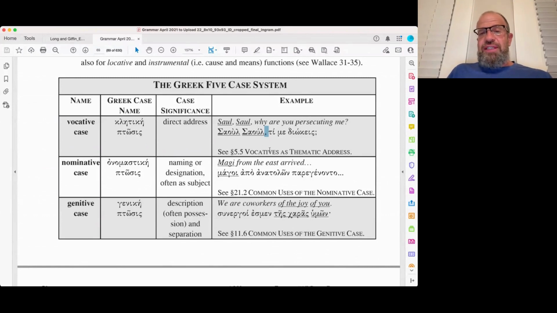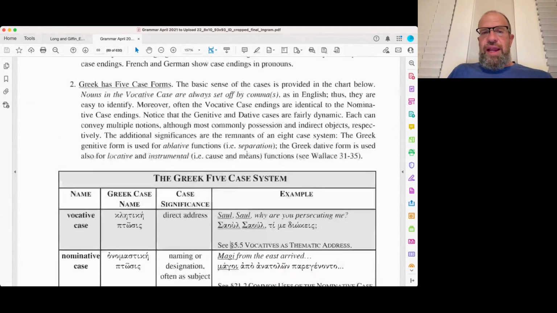Here we have an example: "Saul, Saul, why are you persecuting me?" Saul is a vocative. You can see that it's set off by a comma. Sometimes there'll be a comma before it. This is telling you that you're looking at a vocative. It's the case of direct address, and they're always set off by commas.